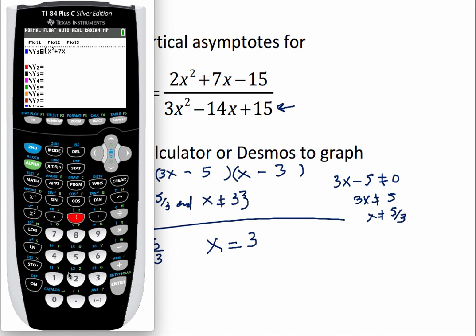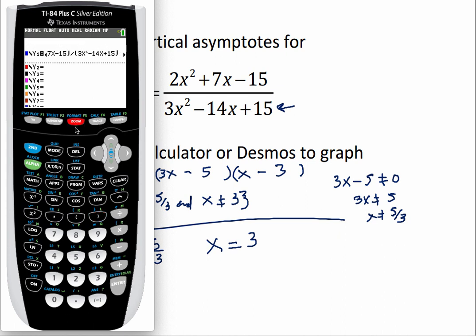So let's start over. There we go, 2x squared plus 7x minus 15, close the parentheses, put in the division, open the new set of parentheses, and put in 3x squared minus 14x plus 15, and then let's close that parentheses. And then let's look at the graph.